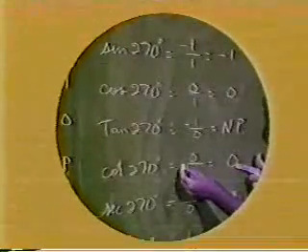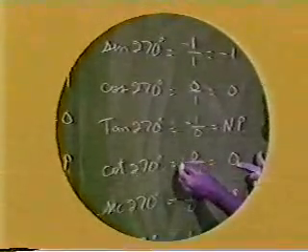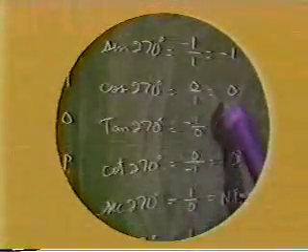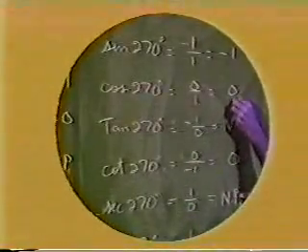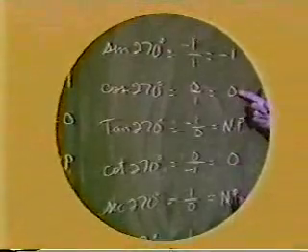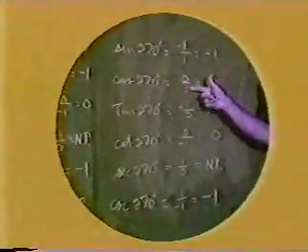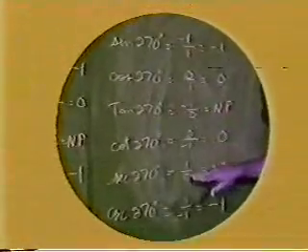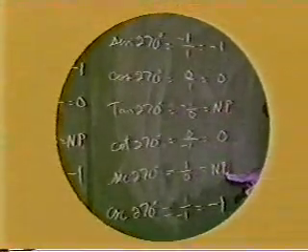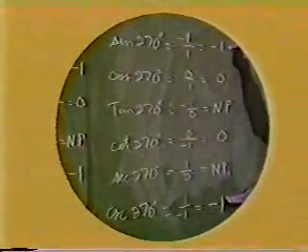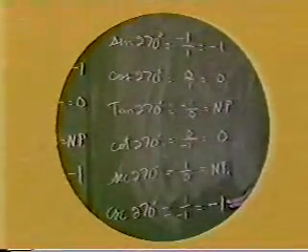Or if you want to do it this way, cotangent is x over y. That's that. Secant is cosine flipped over. So if I flip 0 over 1 over, it becomes 1 over 0. Not possible. Cosecant is sine flipped over. Minus 1 flipped over, still a minus 1.